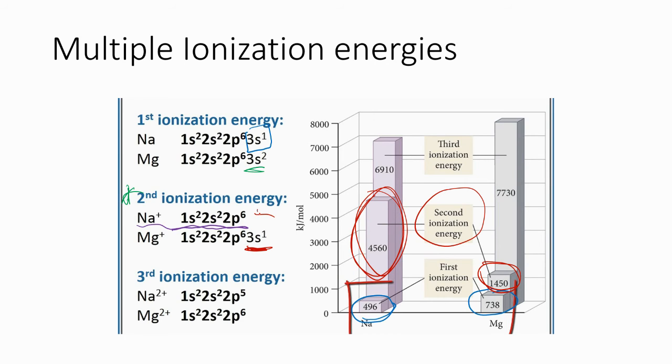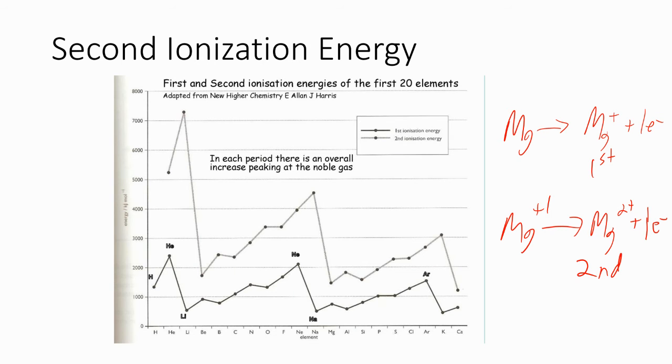Because with sodium, you're breaking up the noble gas neon electron configuration, whereas with magnesium, you're achieving the noble gas neon by dropping that 3s1. Now what's left over is neon. So the second ionization energy is much lower for magnesium than it is for sodium. And this, in fact, is why we see the cations formed that we do.